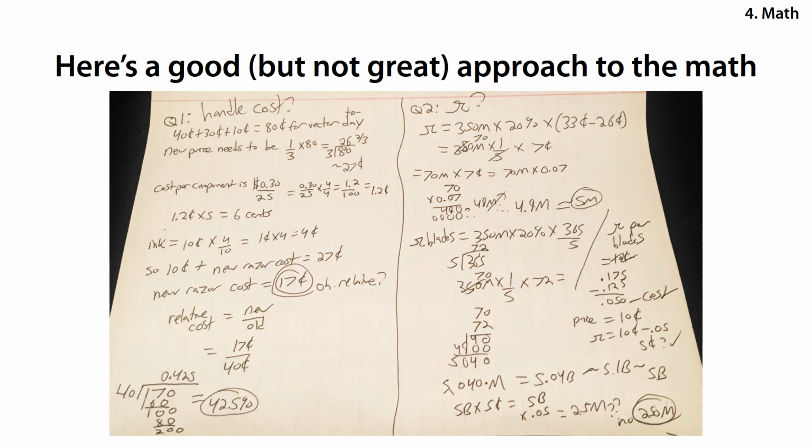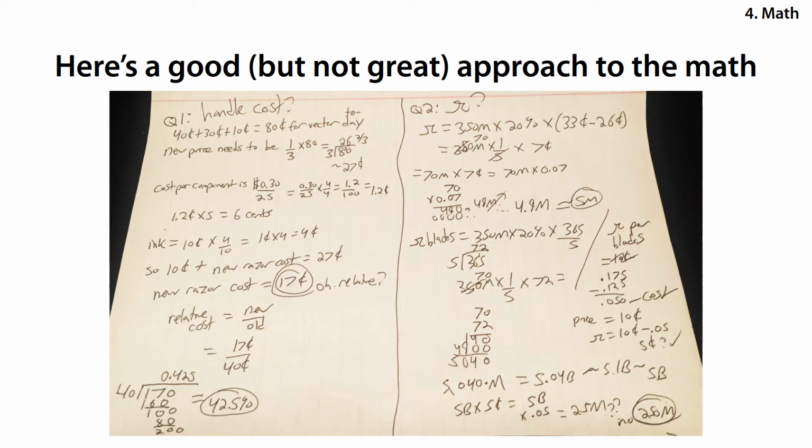So 70 times 0.07 is 4.9 million. Yeah, I'll round that to 5 million.